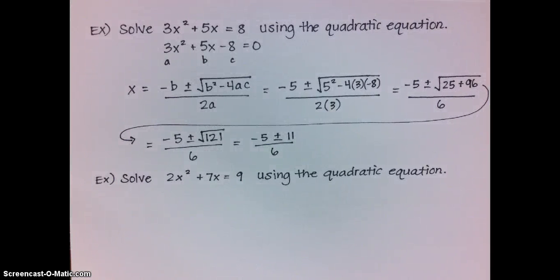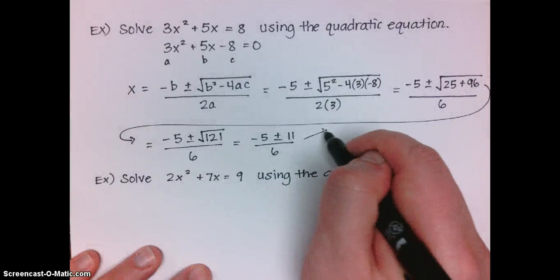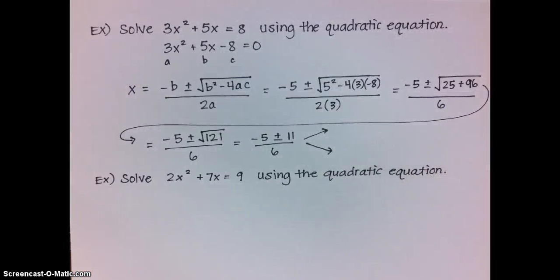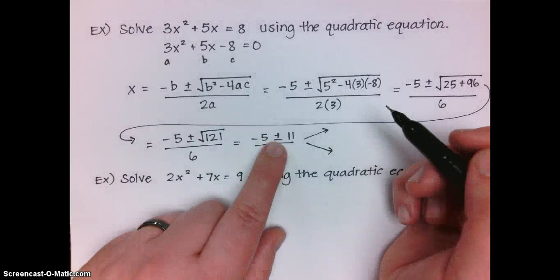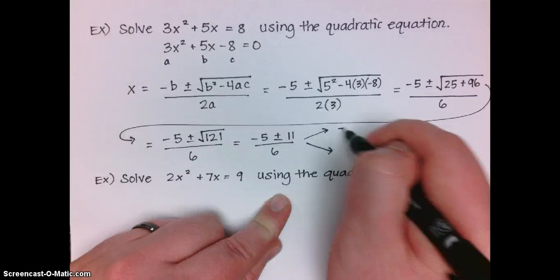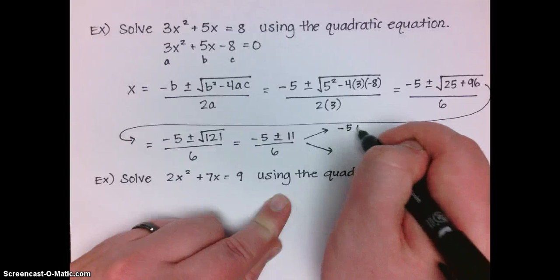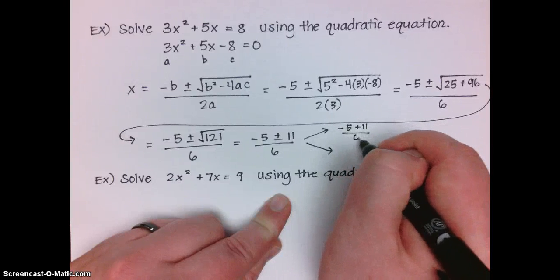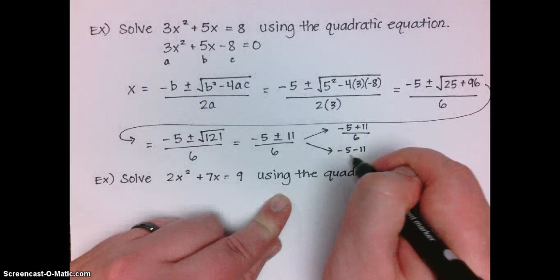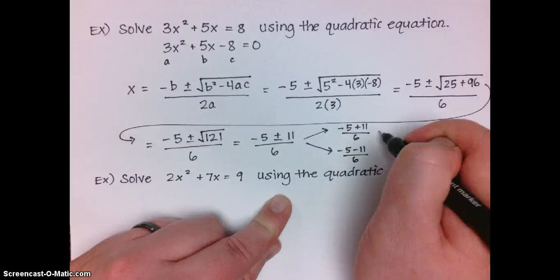So let's separate this now into two different solutions, one with the plus version and one with the minus version. So the first one would be negative 5 plus 11 divided by 6. The other one would be negative 5 minus 11 divided by 6.